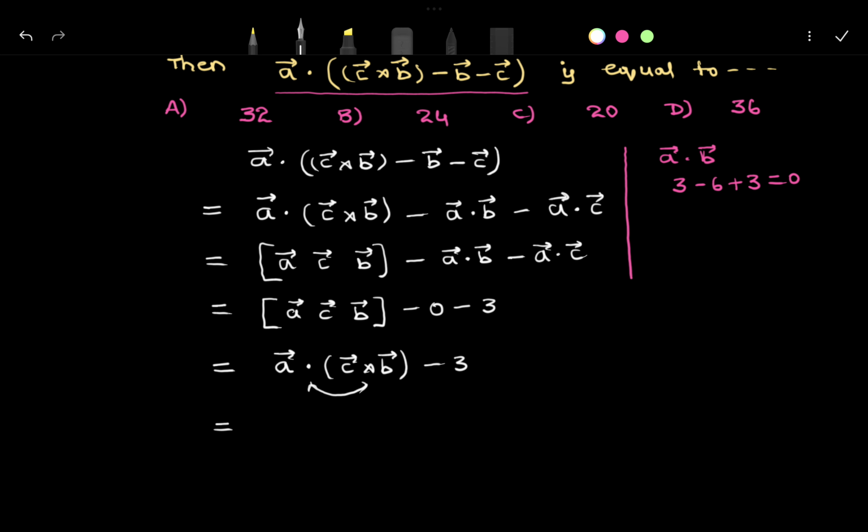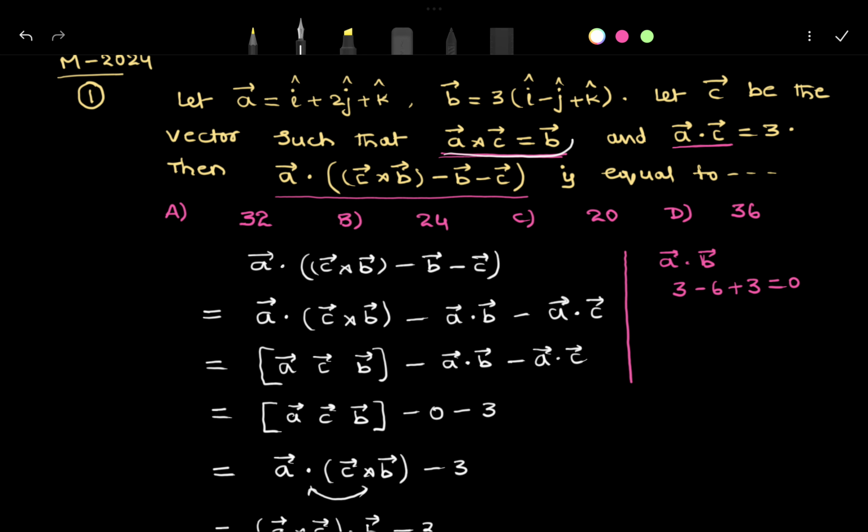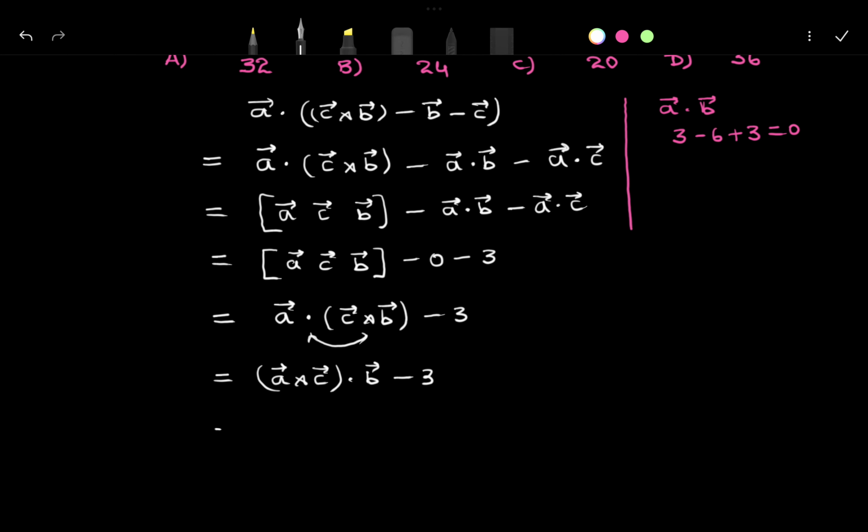So you can write a cross c bar dot b bar, which is the same as above, minus 3. Now a cross c is equal to b bar, so substitute that value: b bar dot b bar minus 3. b bar dot b bar means modulus of b bar whole squared, minus 3.